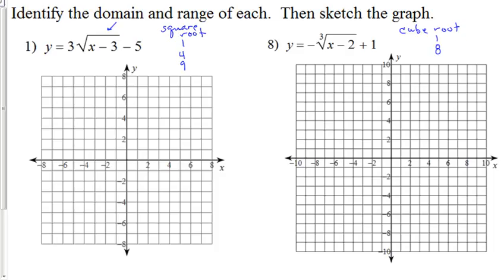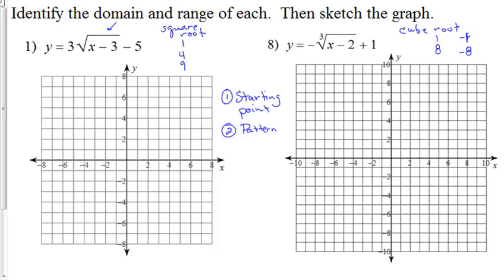Remembering that negative 1 and negative 8 are also perfect cubes. So the process that both of these are going to start with is finding the starting point. And the second step is we're going to use the pattern of the perfect squares or perfect cubes to do the rest of the points. And we'll talk about domain and range when we get there.